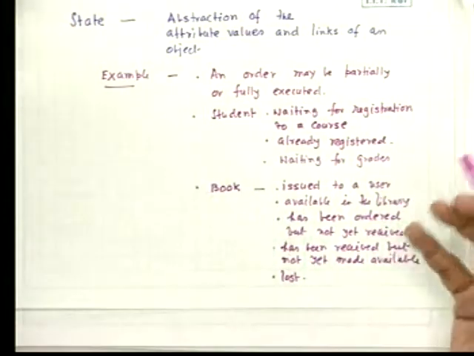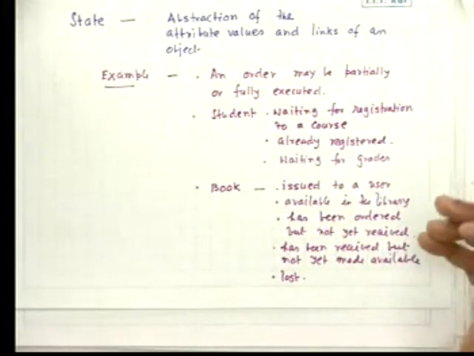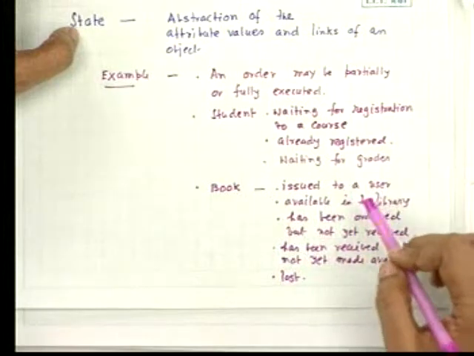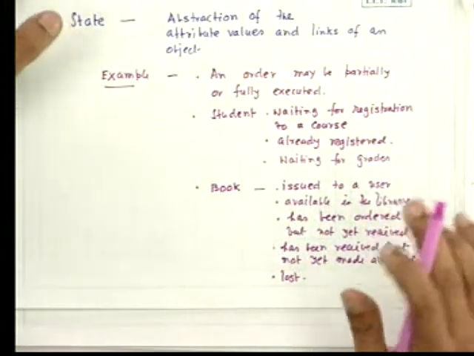Next, an appropriate accession number will be assigned to it, and then it will go to the state where it is available in the library. So we can define the behavior or the operations that can be performed on a book object depending upon its current state and how it reacts to events.